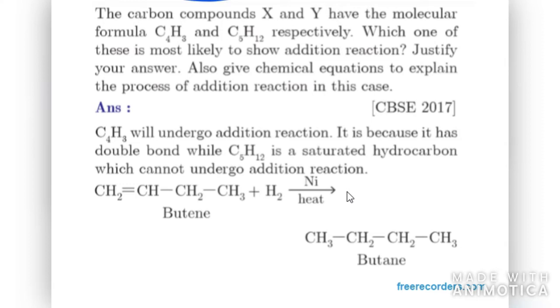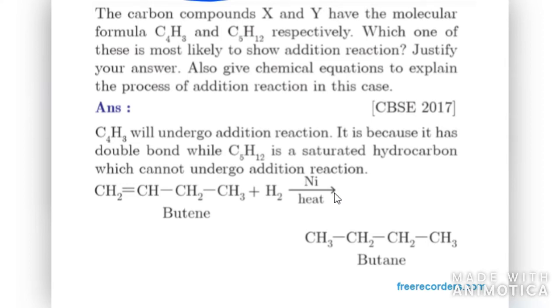So we have two compounds, one is butene and another is pentane. I will take butene, and butene will undergo addition reaction because it has a double bond, while C5H12, that is pentane, is a saturated hydrocarbon which cannot undergo addition reaction.